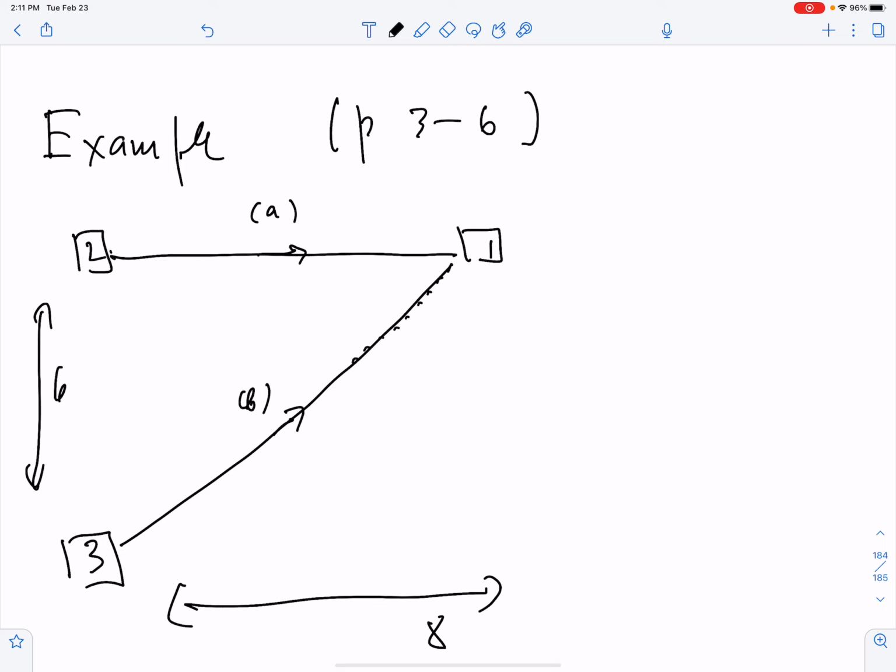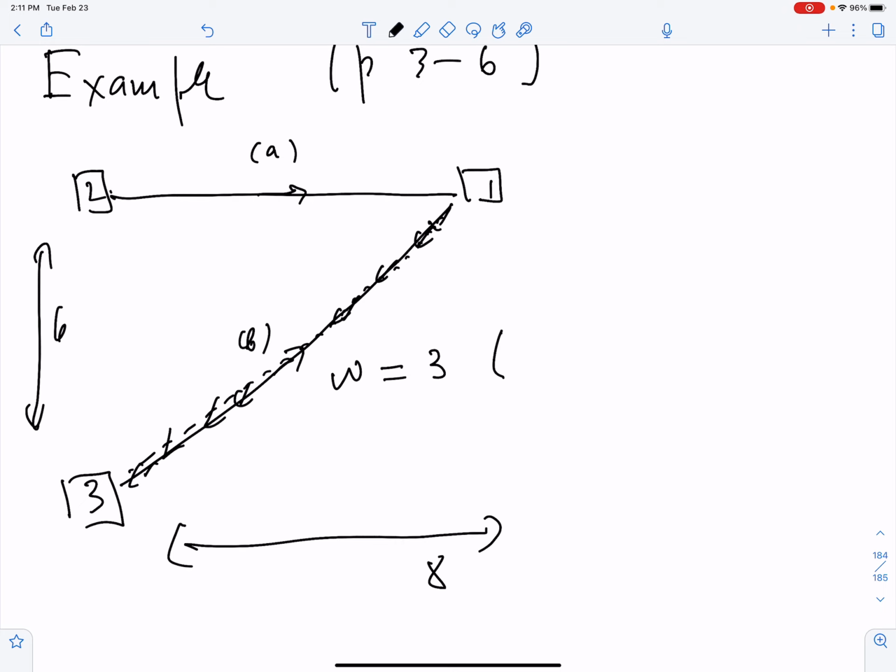Let's go ahead and apply a distributed force that's going along the element axis and points from node 1 to node 3. Let's say W equals 3 here. This problem is given numerically, but assume appropriate units, force per length of the bar.